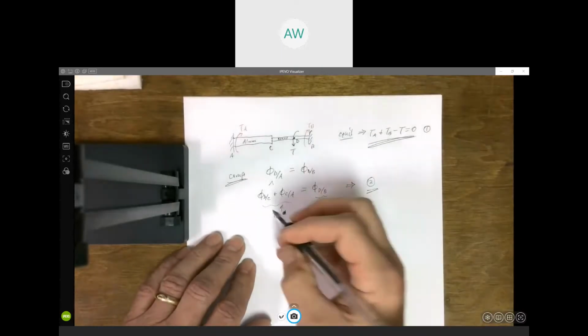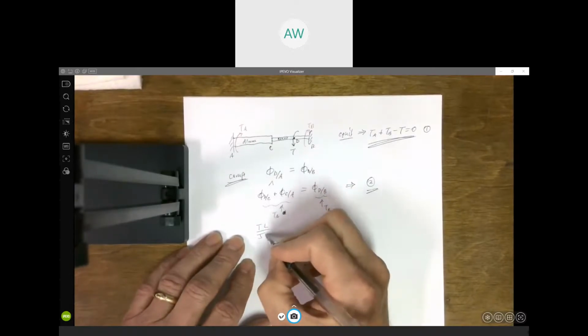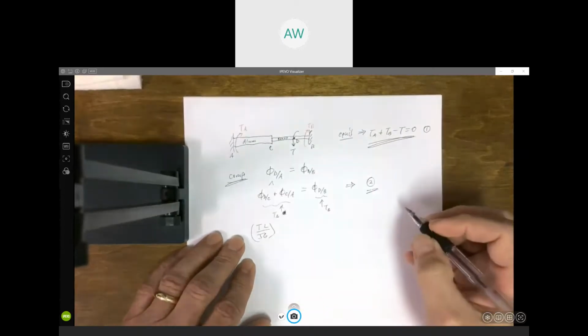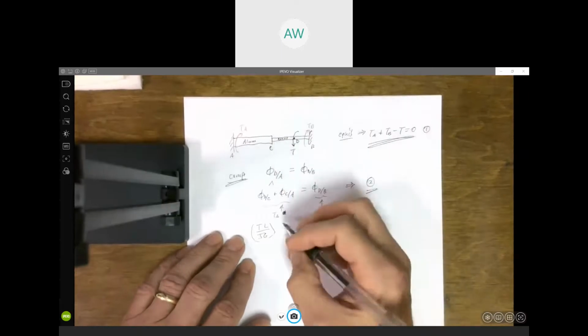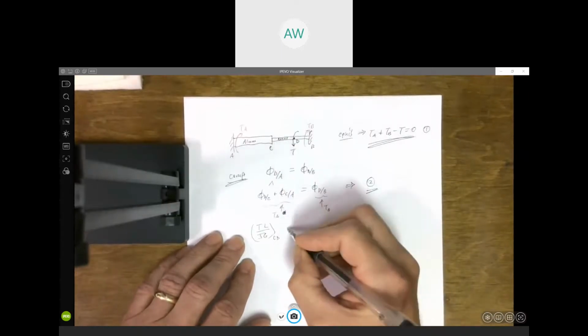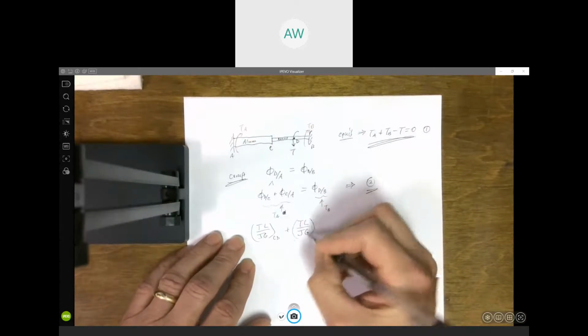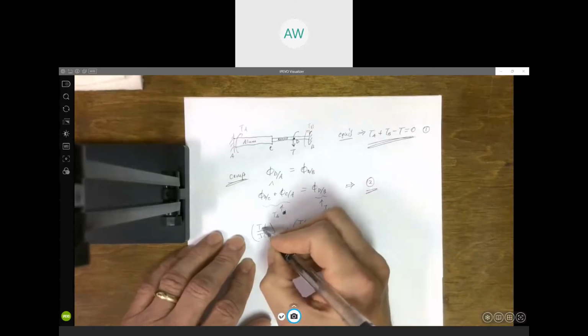So I'll write it. Here again, you'd have TL over JG for D with respect to C. So this would be for CD, and then TL over JG for AC. And again, this would be TA.